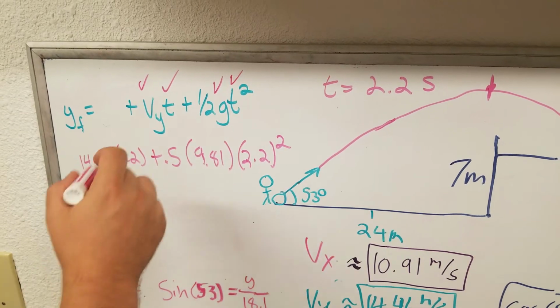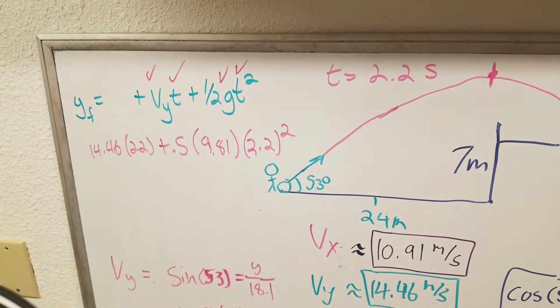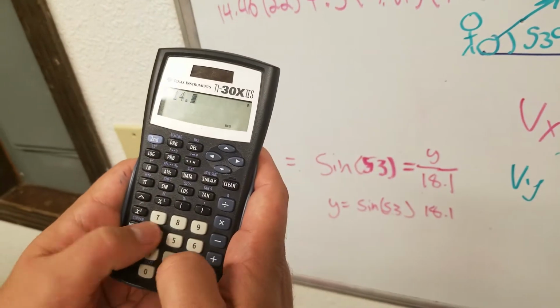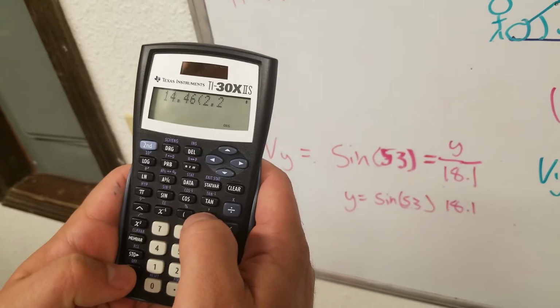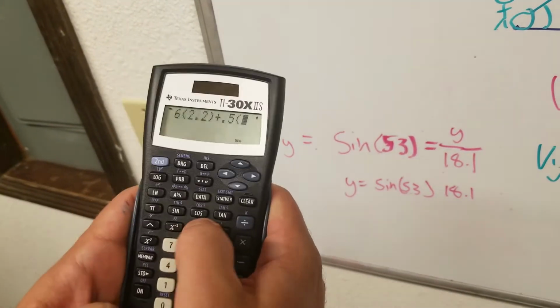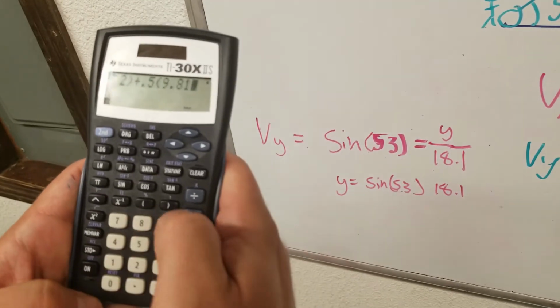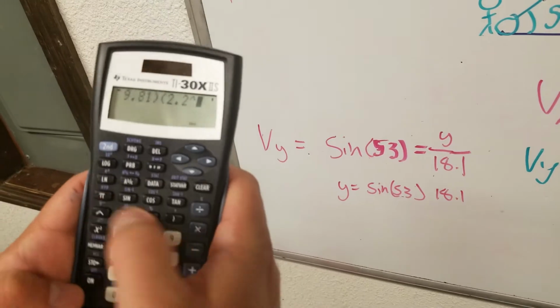I don't want to run into our picture there, but that's the whole thing. Let's see if we can just put that all into the calculator here. We're going to go 14.46 times 2.2, plus 0.5 times 9.81, close the bracket, times 2.2 squared.